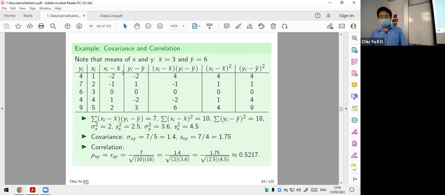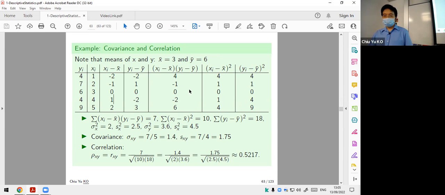And you multiply every row from the third column by the 4th column, you get the 5th column, right? Because of the multiplication. Okay. And you multiply the 3rd column by itself, you get the second to last. You multiply the 4th column by itself, you get the last column. Okay.